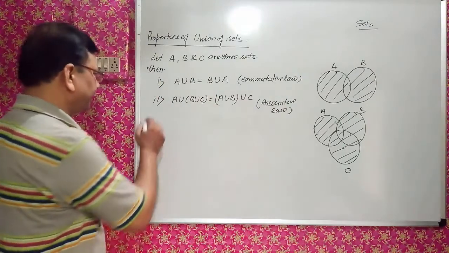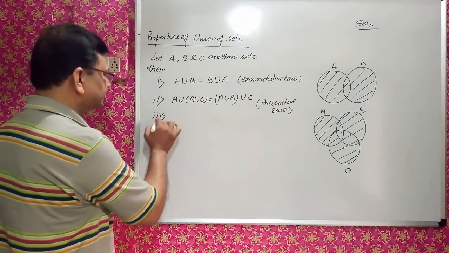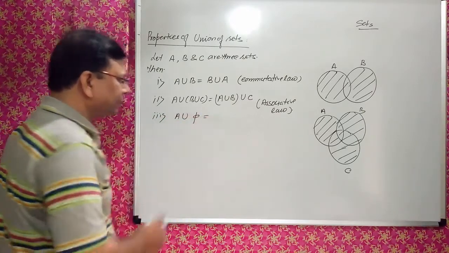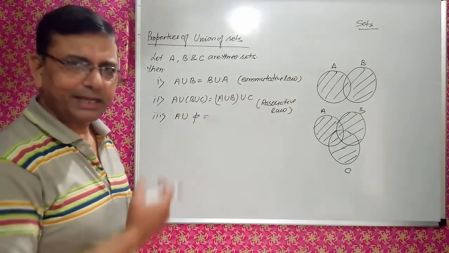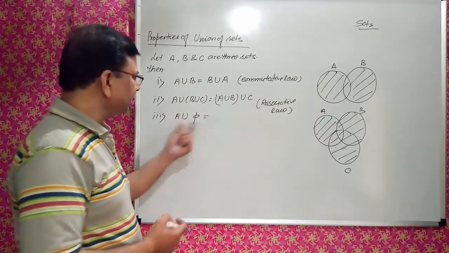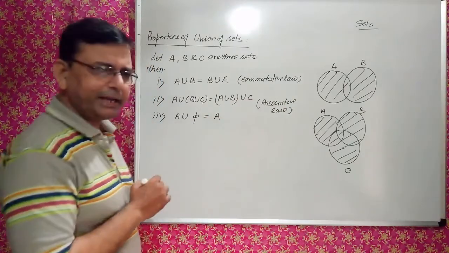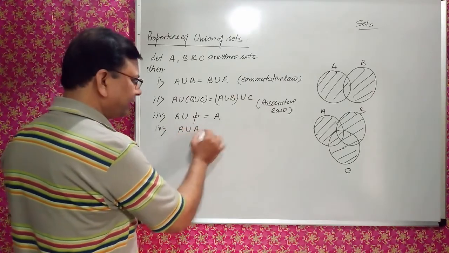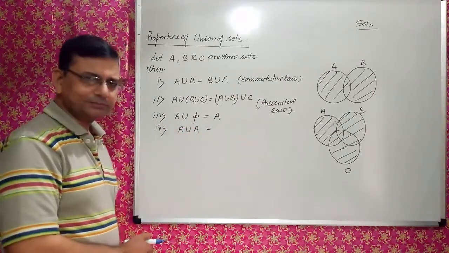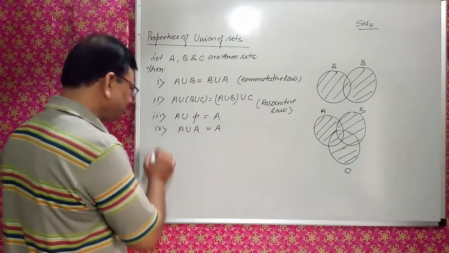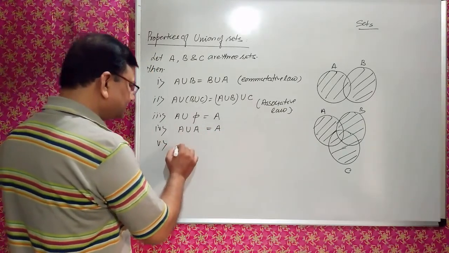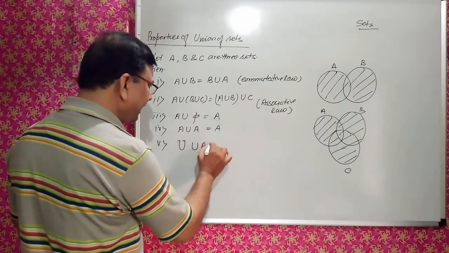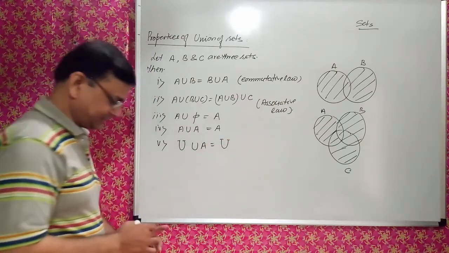Third one, if you are finding A union phi, phi is the null set, and there is no element. So if you are finding union with phi, you will get A, the same set. Fourth one, if you are finding A union A, union with the same set, you will get A. And fifth one, suppose it is the universal set, and you are finding union with A, then it will be the universal set.